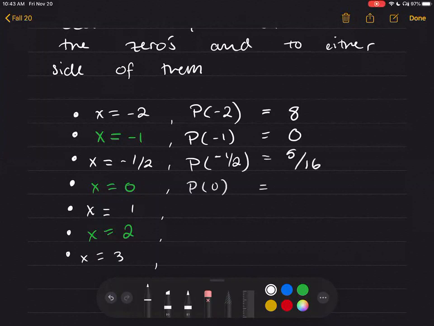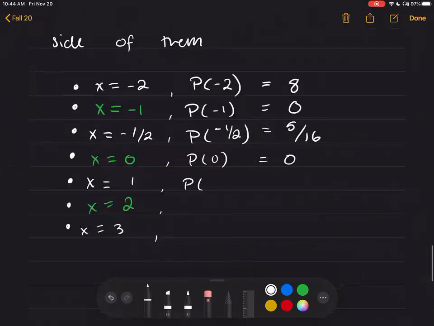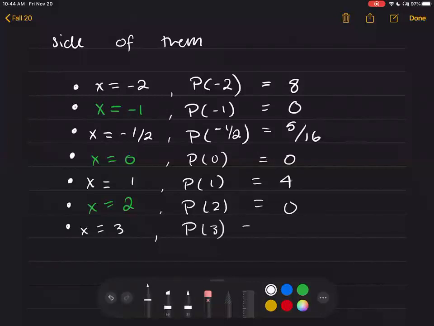P of 0, again, a root, is just going to be 0. P of 1, you plug that in, it's going to pop out a -4. P of 2, again, is 0. And then P of 3, you plug it in, and it's going to be 48. Okay, so this is a lot of numbers, but how are they useful?